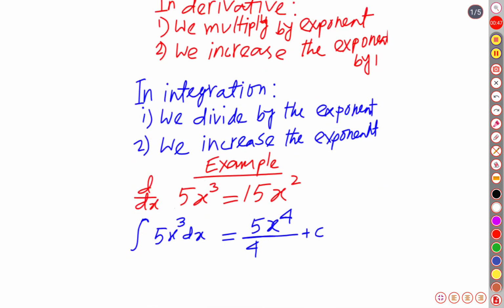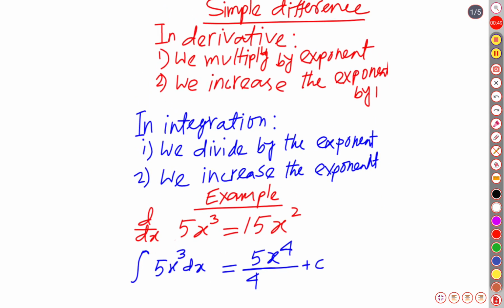I have written over here the simple difference between derivative and integrand. In the derivative, we multiply by the exponent. You may remember that in differentiation, we multiplied the exponent by the coefficient, and we reduced the exponent by 1.